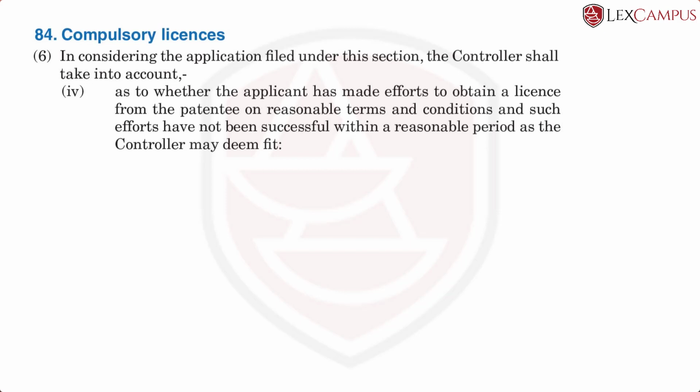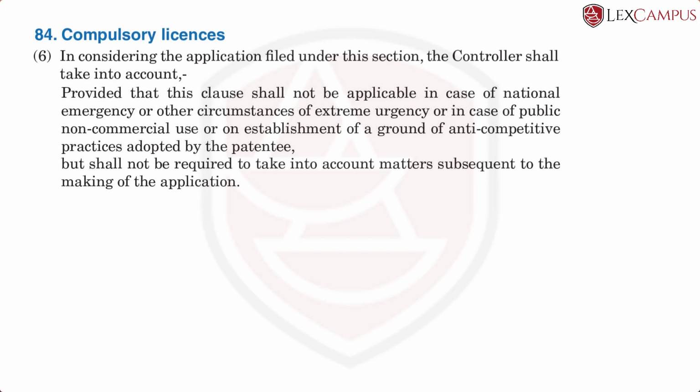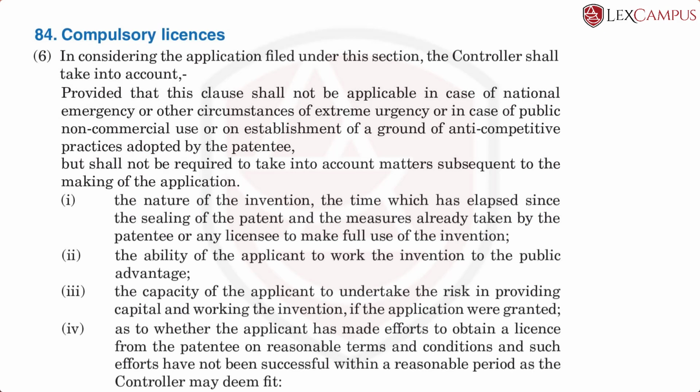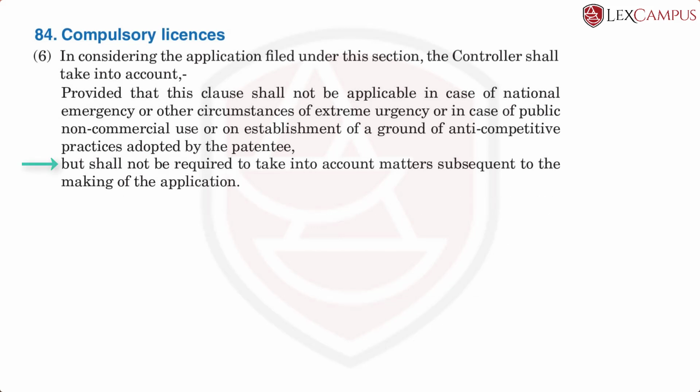So, whether there were any efforts to voluntarily get the license, provided that this clause shall not be applicable in case of national emergency or other circumstances of extreme urgency, or in any case of public non-commercial use, or on establishment of a ground of anti-competitive practices adopted by the patentee. So, in these circumstances the controller need not look at 1, 2, 3 and 4, but shall not be required to take into account matters subsequent to the making of the application.